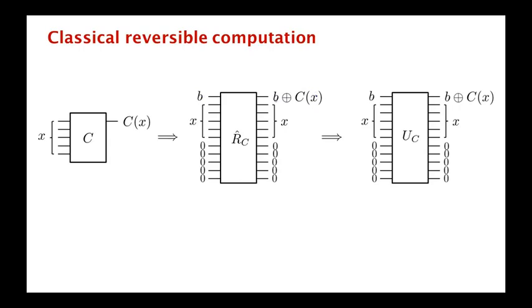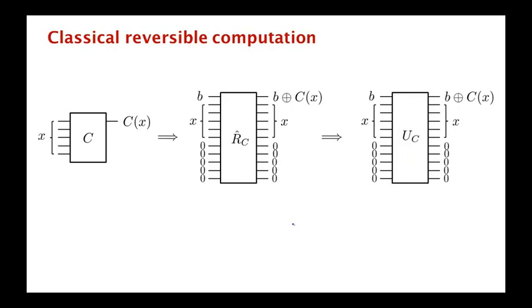Now, the other thing we said is that if we start with such a reversible circuit, we can also implement it using quantum gates. And so we get this unitary transformation U sub c, which, in the case that the input bits happen to be classical basis states, behaves exactly the same as before. Except, of course, since U is a unitary, it's a quantum circuit, so it can take as input a superposition of inputs.